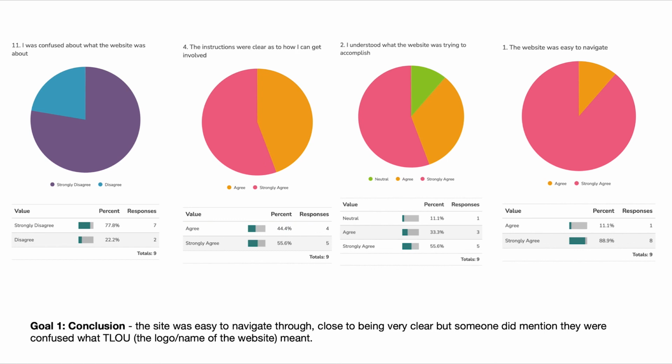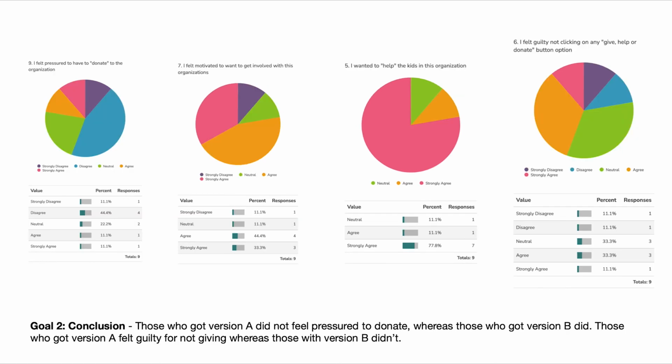On the second goal, the conclusion was that those who got version A didn't feel pressure to donate, whereas those who got version B did, because it said donate and had the word monetary or contributions.